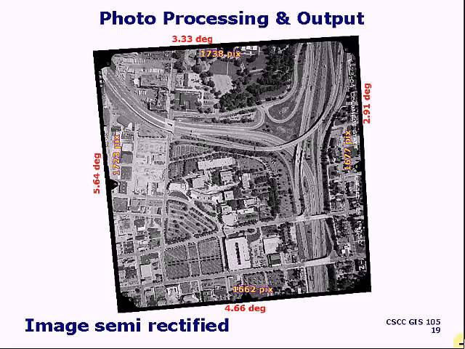We're going to run those through a software that'll apply those things, and then output an image that hasn't been corrected for any ground shape, but has been corrected for all the other rotations. This is just about as close as we're going to get to a good measurable product without going through a full digital orthorectification process.